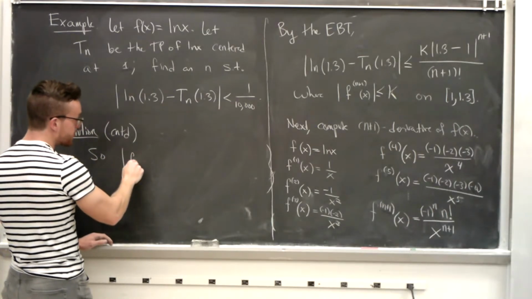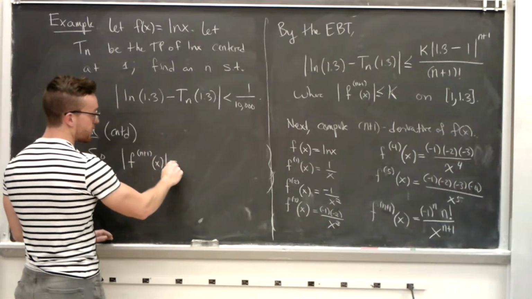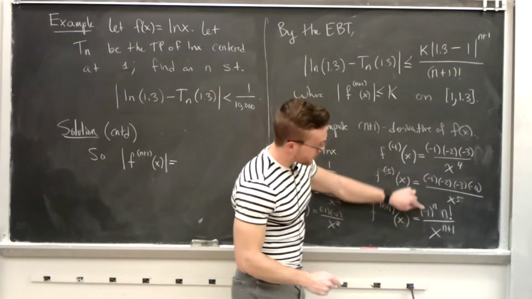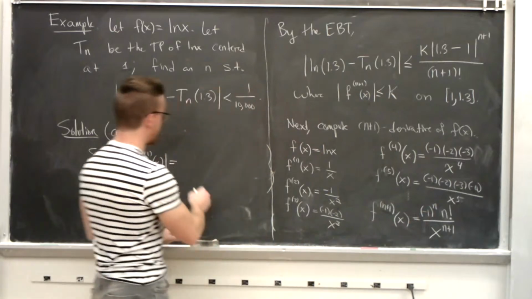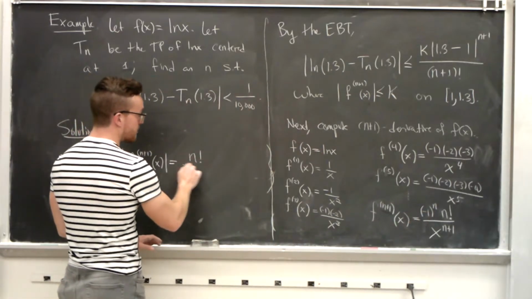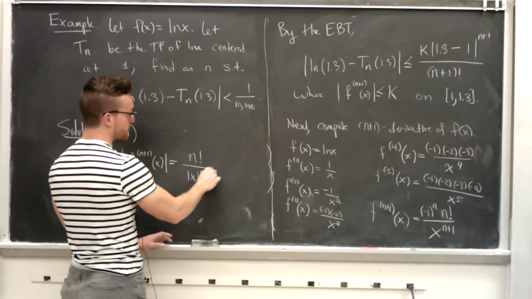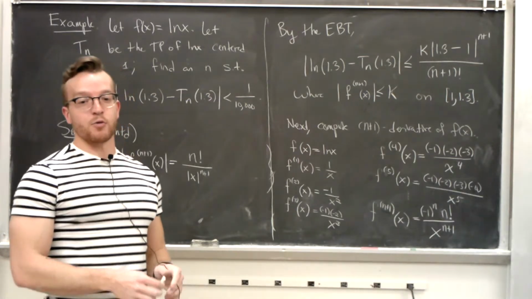The absolute value of the n plus first derivative is going to be the absolute value of this expression, which would kill off the negative 1 to the n sign, leaving us with n factorial over absolute x to the n plus 1. Holy cow. Okay, so that was a lot of work.